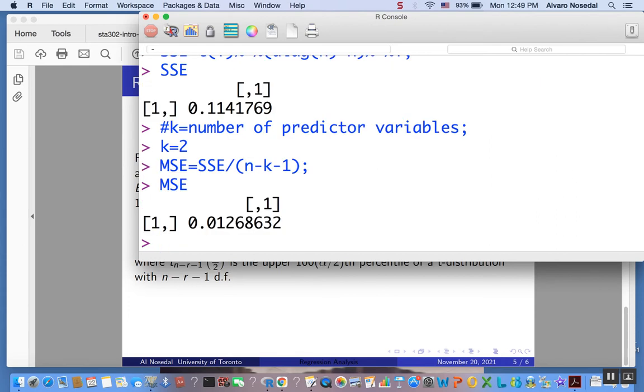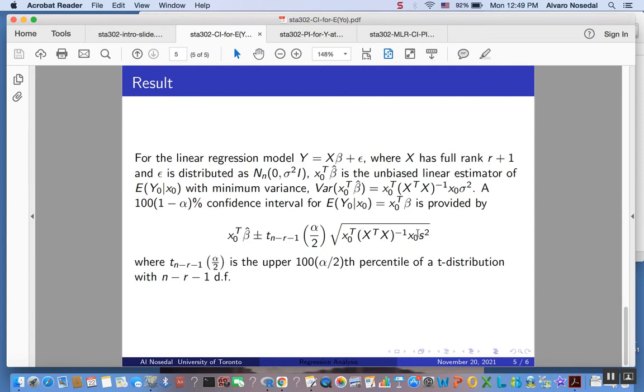Let's find the standard error for our confidence interval. So what we want is the square root of x0 transpose X inverse x0 times s squared, where that s squared is an estimator of sigma squared, the mean square error.